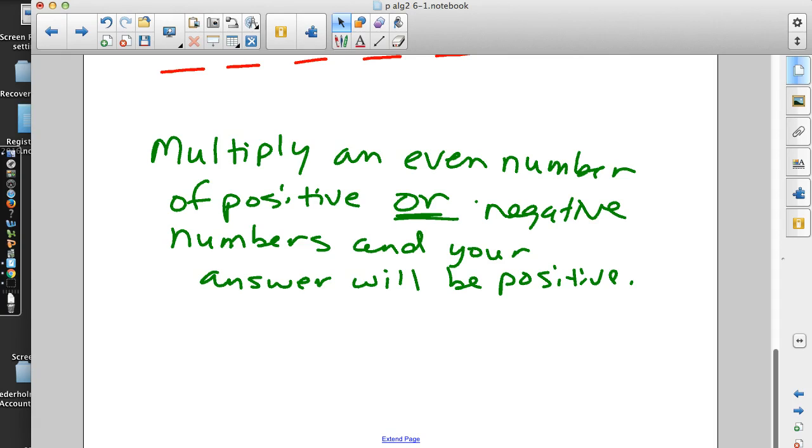Every time. If we have an even number of slots, it doesn't matter if they're all negative or they're all positive. An even number of slots gives you a positive answer every single time. It has to.